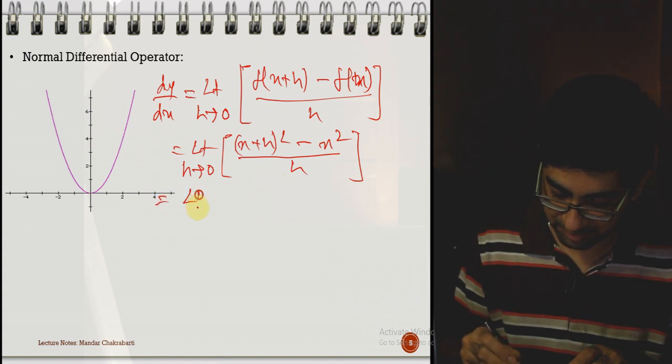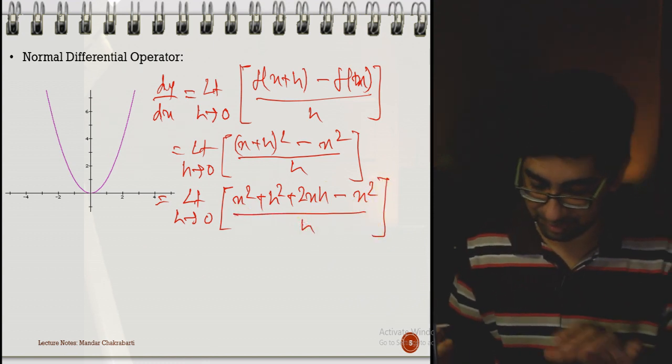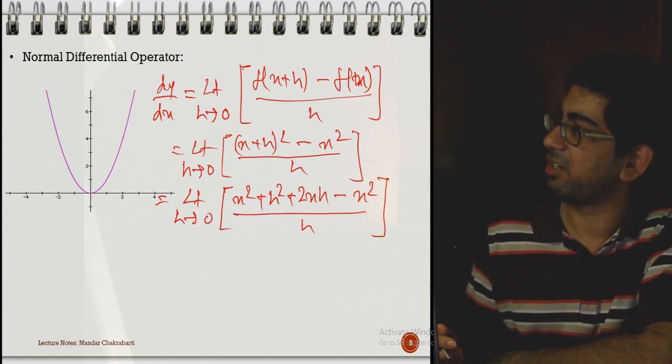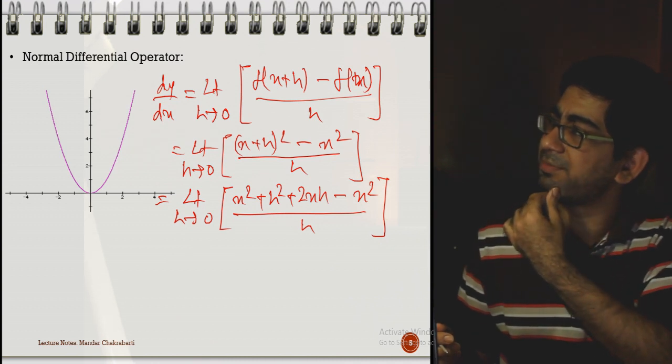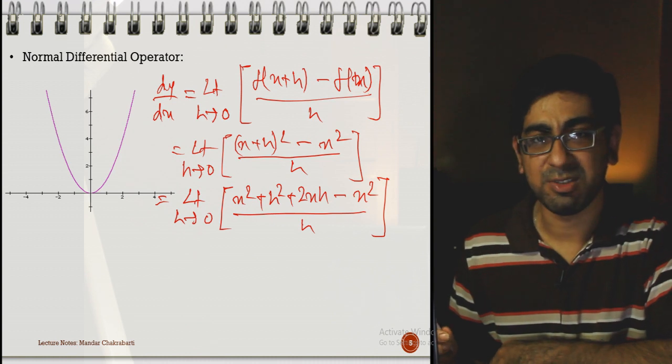So that means limit h tends to 0, x square plus h square plus twice xh minus x square divided by h. Am I doing everything correctly? Yeah, seems right.